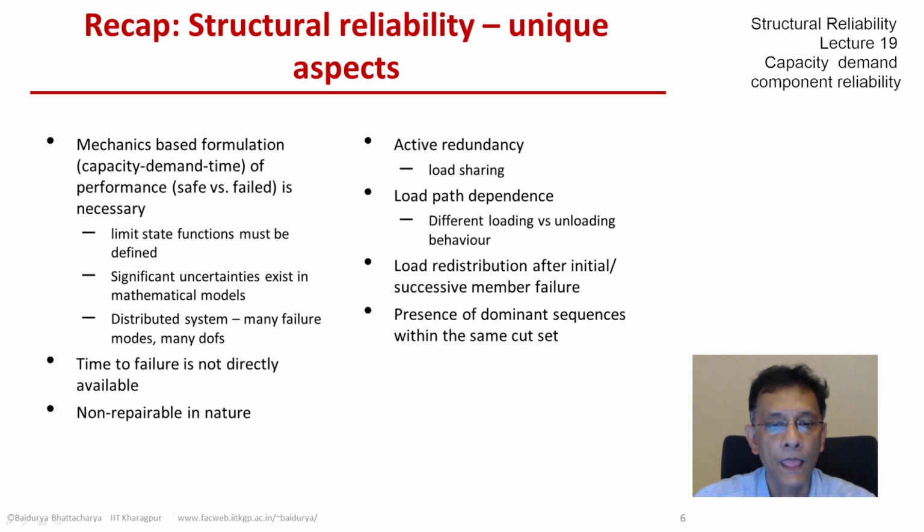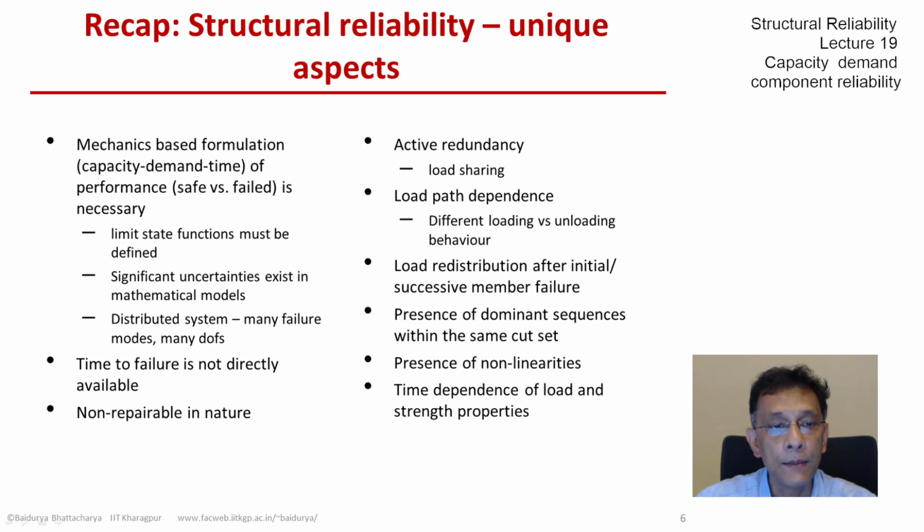And even if we are able to identify a cut set, all the elements in the cut set are not equally likely, all the sequences are not equally likely. So we need to identify which are the probabilistically dominant sequences within a minimal cut set. And obviously, near-failure structural behavior becomes more nonlinear in nature.